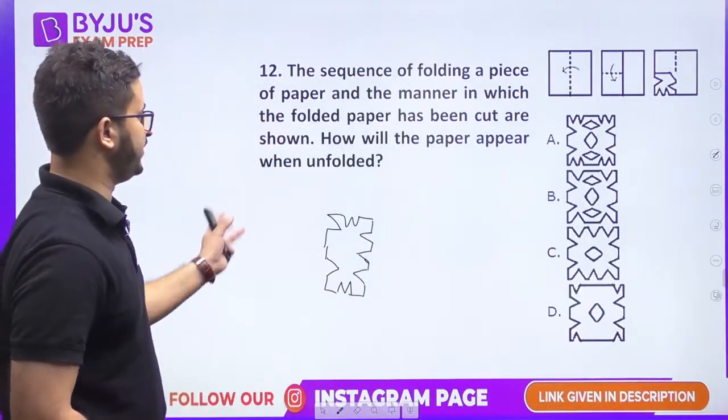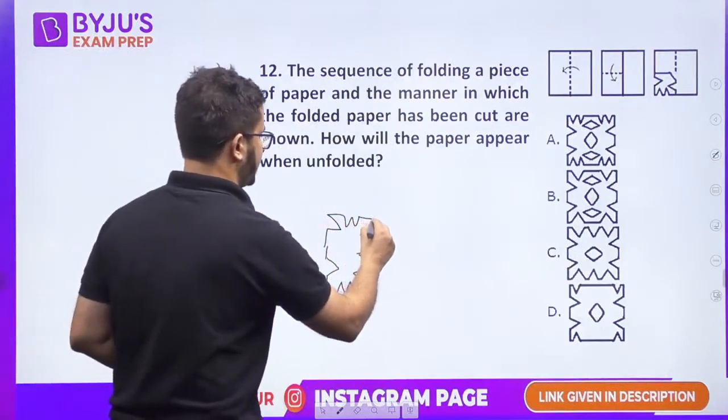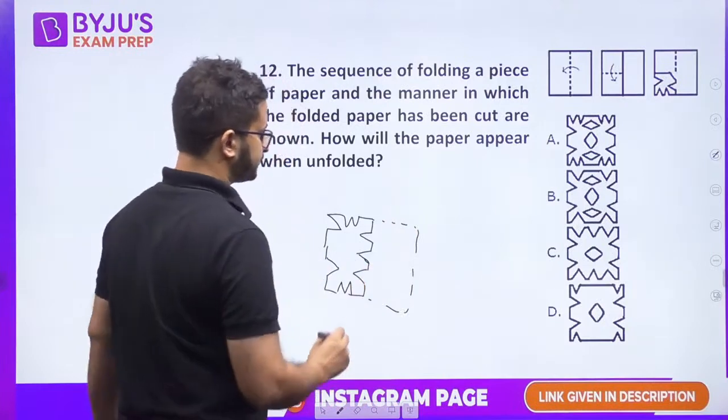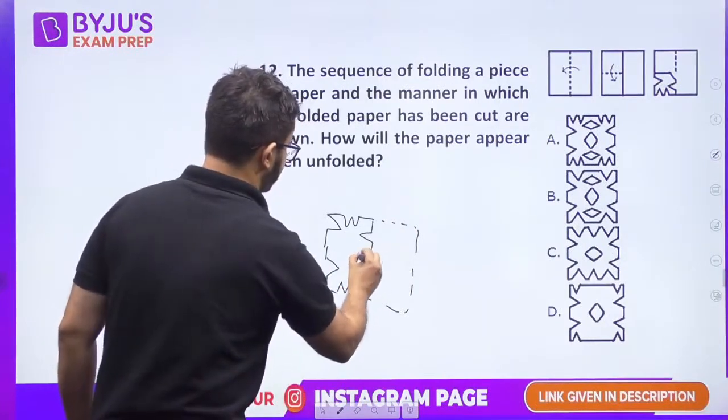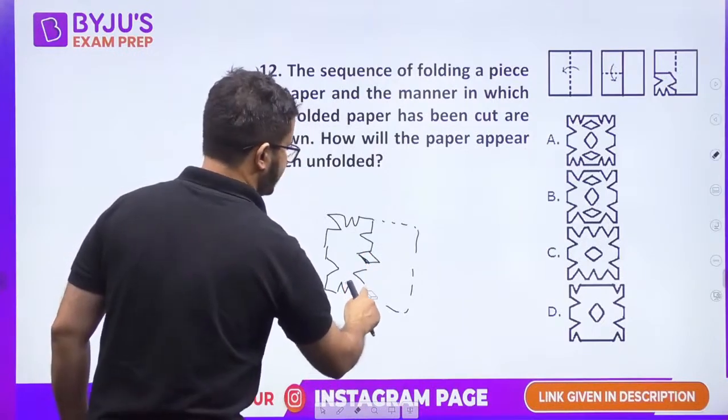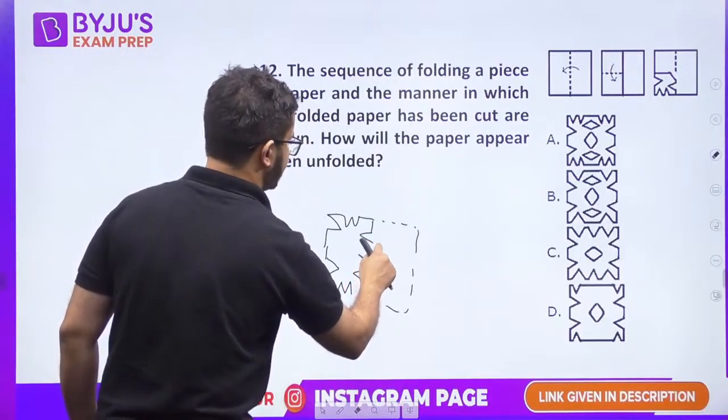Okay, so when we open it again, right, this is the half part. So if we open this half, so we will get a parallelogram in the center, right? Then we will get 3 parallelograms like this.